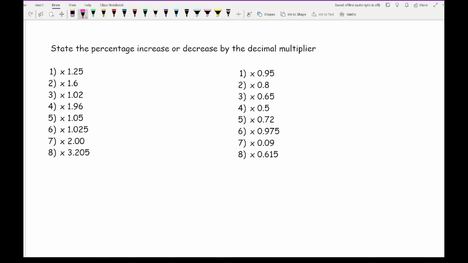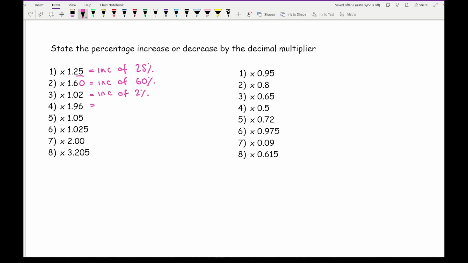So here, if we had a decimal multiplier of 1.25, then that's going to be an increase of 25%. If we've got 1.6, that's going to be an increase of 60%, even though there's no 0, but I can add a 0. For 3, that's going to be an increase of 2%.